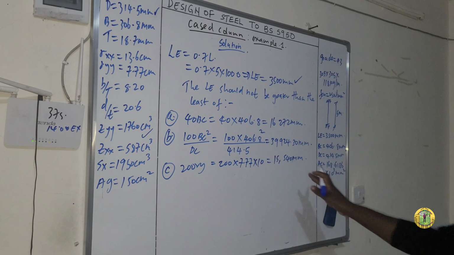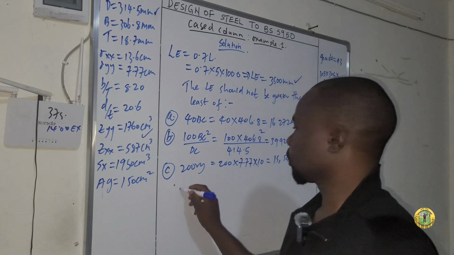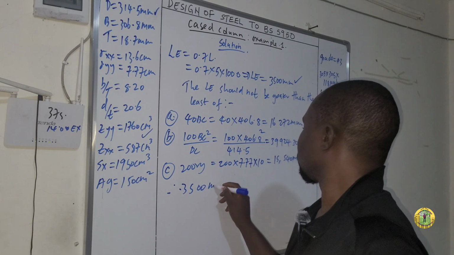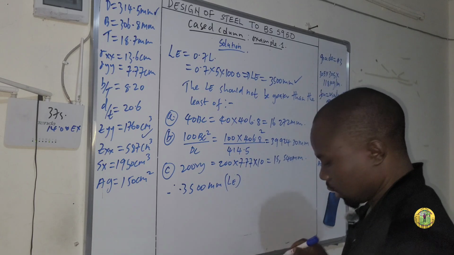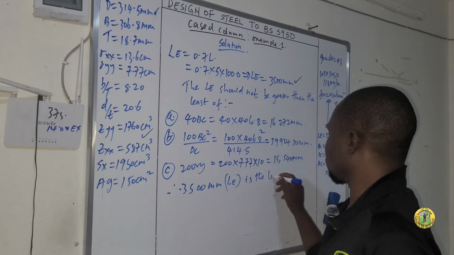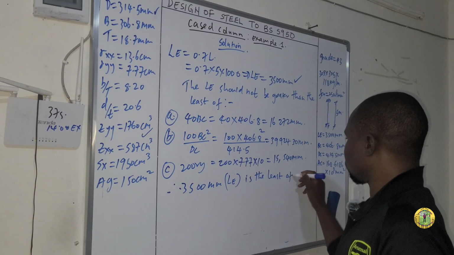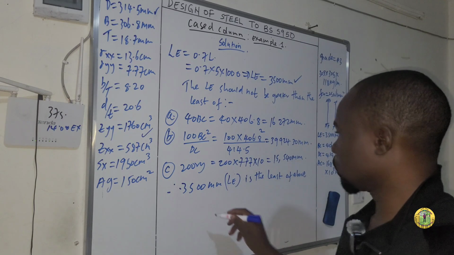And the last one is 15,540 millimeters. Therefore, 3,500 millimeters, which is LE, is the least of the above values.